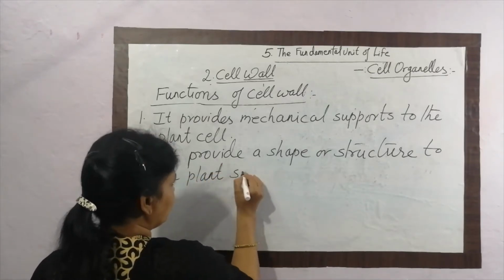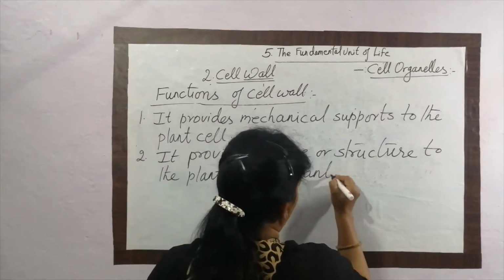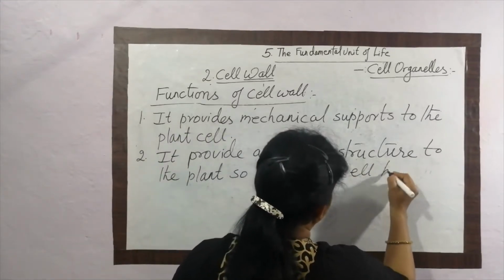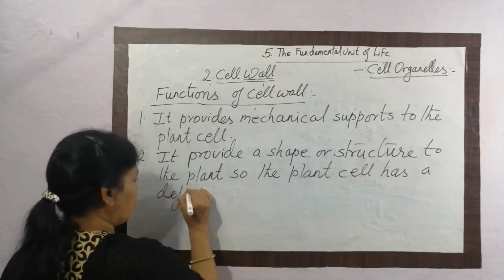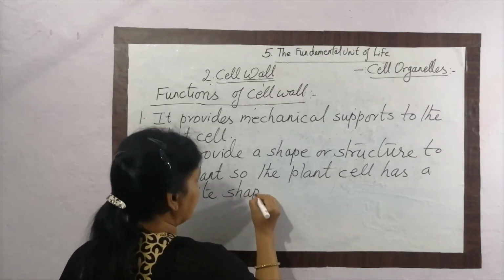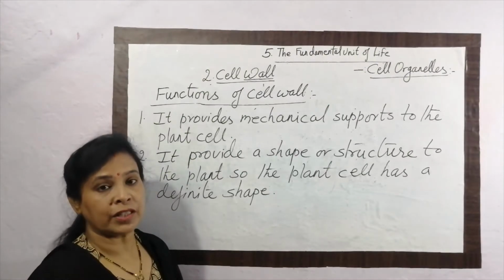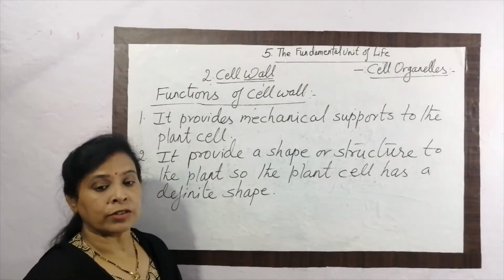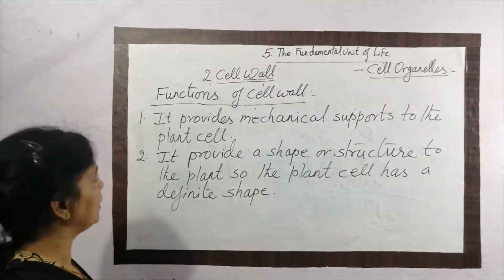So the plant cell has a definite shape. Why does the plant cell have a definite shape? A plant cell has a definite shape because of the presence of cell wall. The cell wall provides a definite shape to the plant cell.